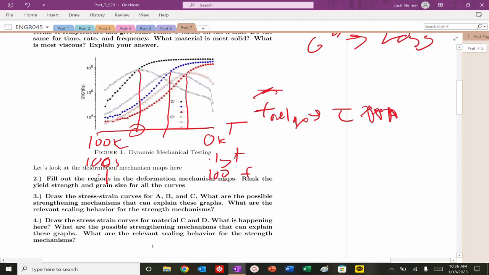So what does that mean physically? Well, if I have a very large relaxation time, it's hard for that polymer to readjust and basically reconfigure. So that polymer is going to behave very elastically.